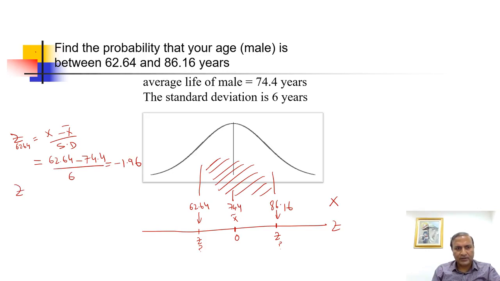And then I calculate the z value for 86.16. So it is equal to 86.16 minus 74.4 divided by 6. So the answer is plus 1.96. Okay, so I have the number minus 1.96, and then we have plus 1.96.